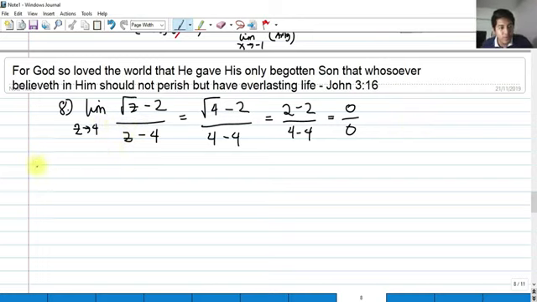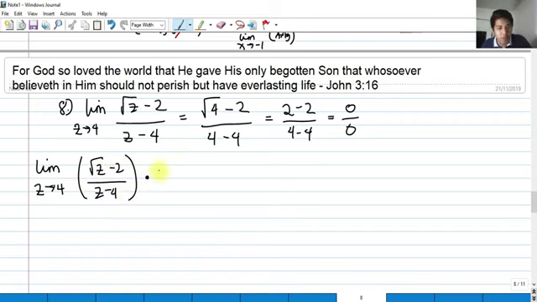What we are going to do is multiply the function, the square root of z minus 2 over z minus 4, by the conjugate of the numerator. So the square root of z plus 2, we simply change the sign, over the square root of z plus 2.